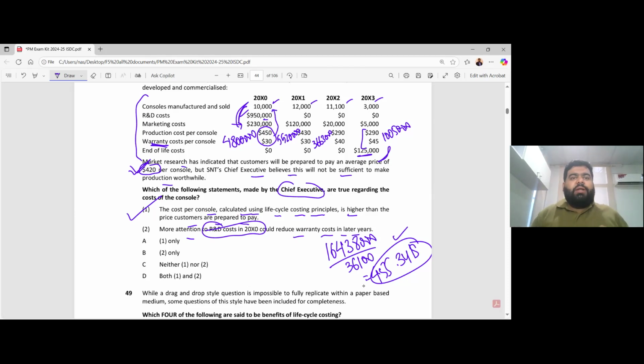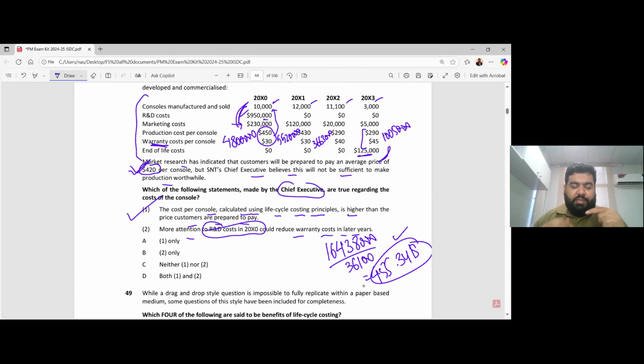Sometimes you take a product and it has technical issues, and you take it back to the shop and say that according to the warranty, this product is not working well. So they will repair it, give you a new product, or refund you. The CEO is saying that if you focus on development more, it can reduce your warranty cost.